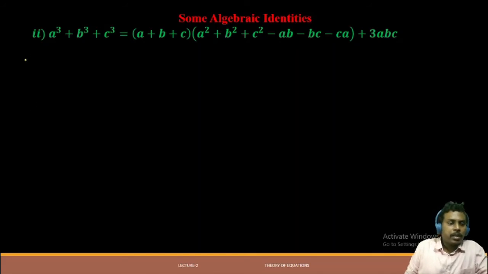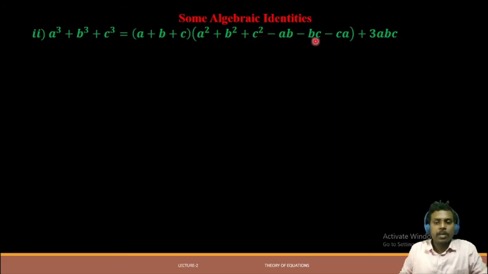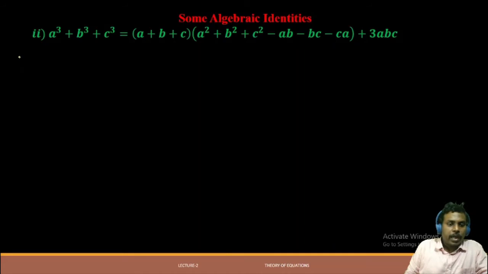Here is the identity: a cube plus b cube plus c cube is equal to a plus b plus c into a square plus b square plus c square minus ab minus bc minus ca plus 3 into abc. Okay, let us prove this identity.